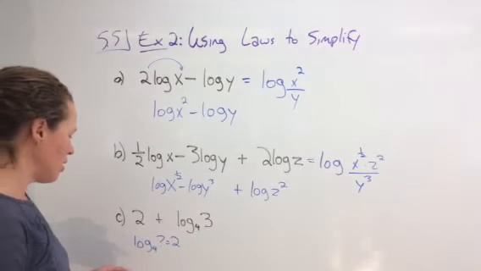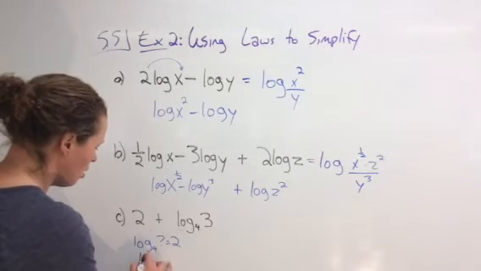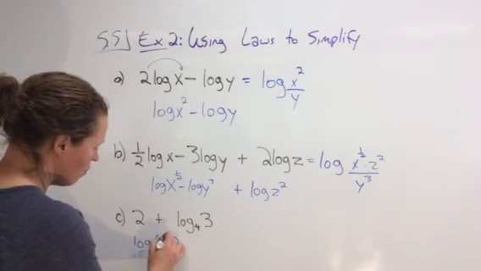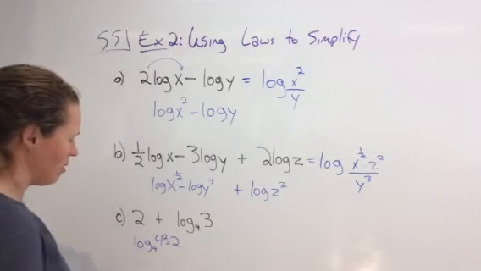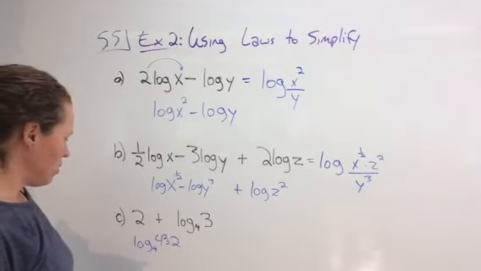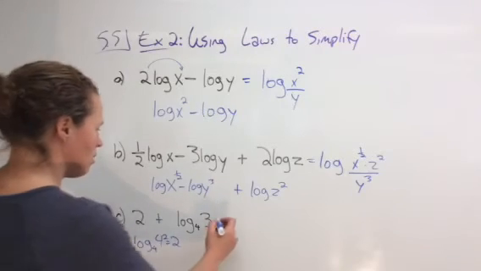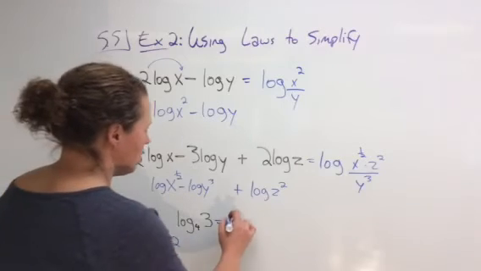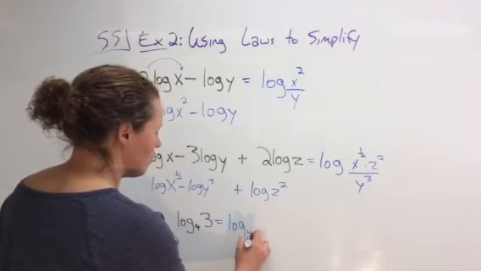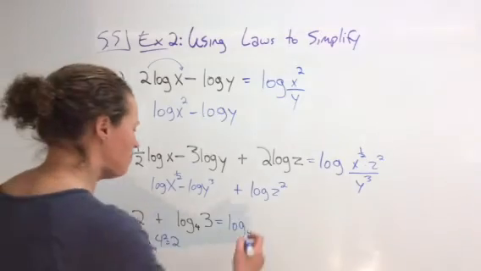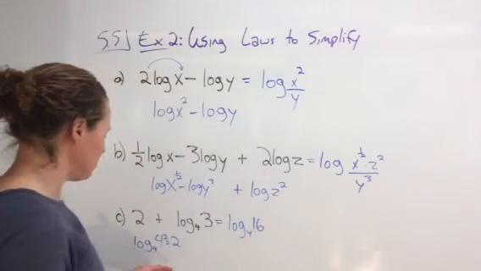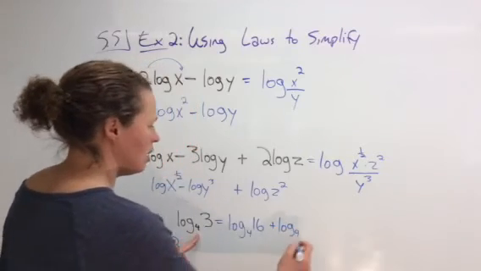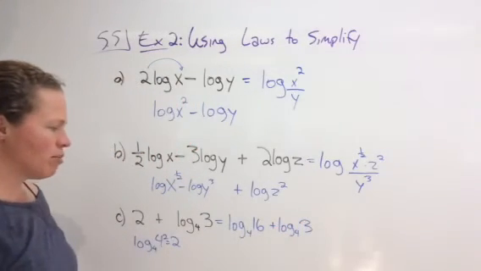So I can literally write 4 squared, like that. And then I can put that into the equation. So log base 4 of 4 squared, 4 squared is 16, plus log base 4 of 3 that they gave me in the first place.